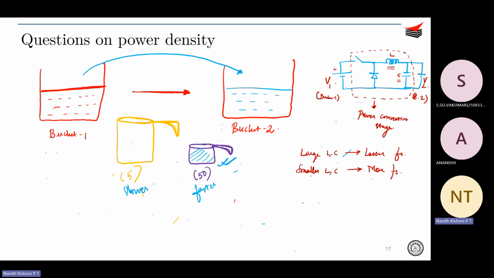Are you getting the analogy? Why we tell that if you have large values of L and C, you can go only for lesser values of switching frequency and so on. Is this fine to both of you?